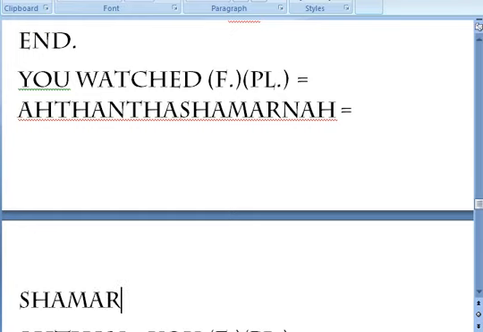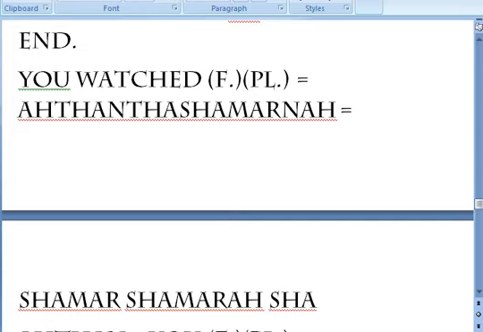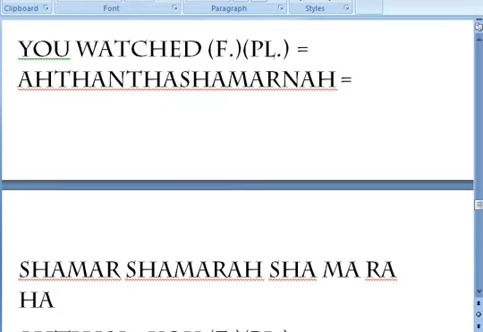Now if you want to make it feminine, you would make it shamara, because you add a ha at the end. But it seems, if you look at it, like it's just an ah that you add at the end. And the reason why it looks that way is because you have 4 letters, sha, ma, ra, and a ha at the end, right?